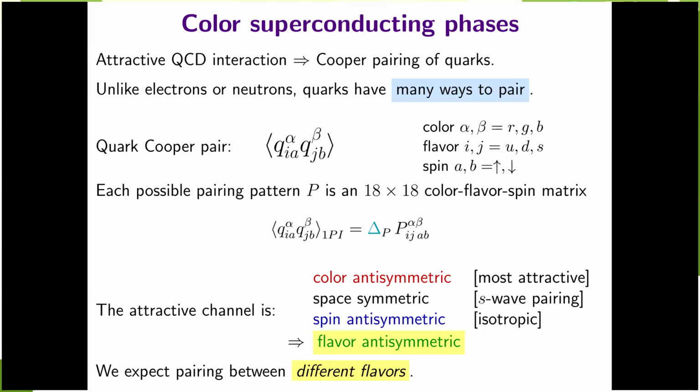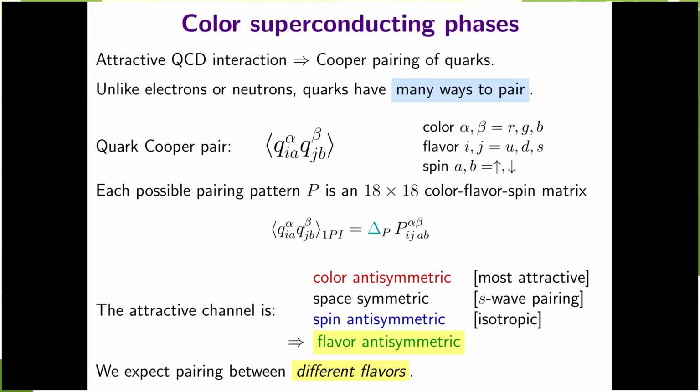We can narrow it down a bit without knowing really very much at all about the details of the strong interaction, even though it's the strong interaction that's doing this, by using some very general principles. One thing we need to know about the strong interaction is that it is most attractive between pairs of quarks that are in a color antisymmetric state. Okay, that's how you build baryons, right?